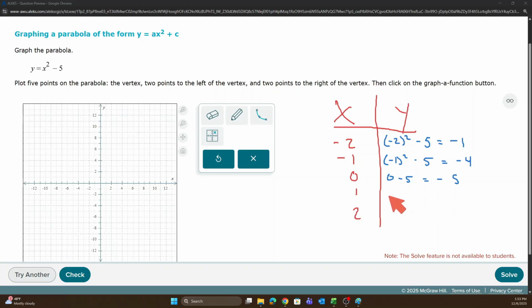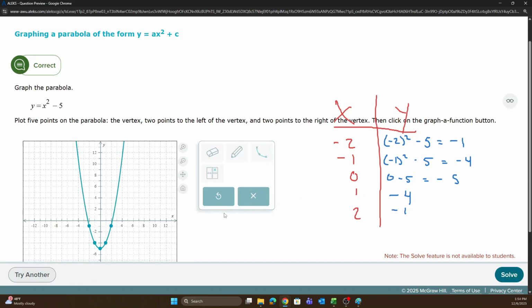And then by symmetry, this is going to be -4 and -1. Let's go ahead and plot our points. And then go. So we have our -5, -4, and -1. Graph, check. That's it.